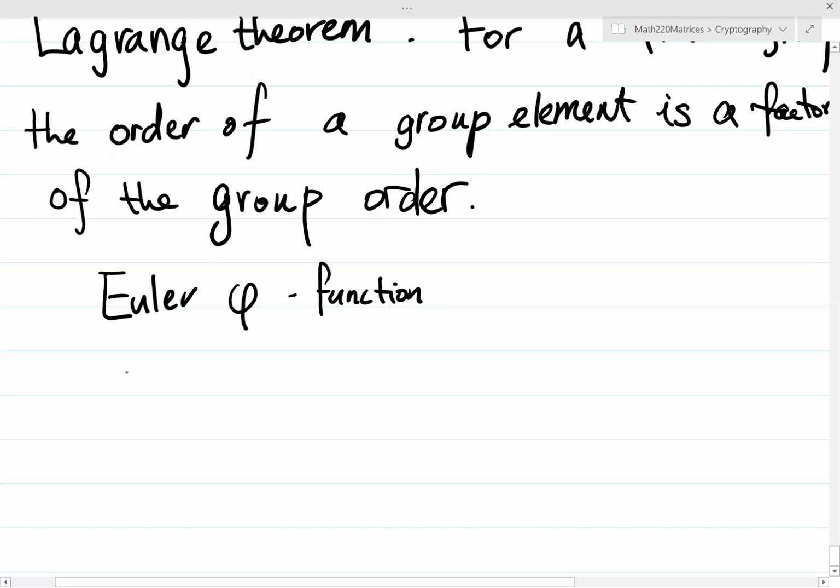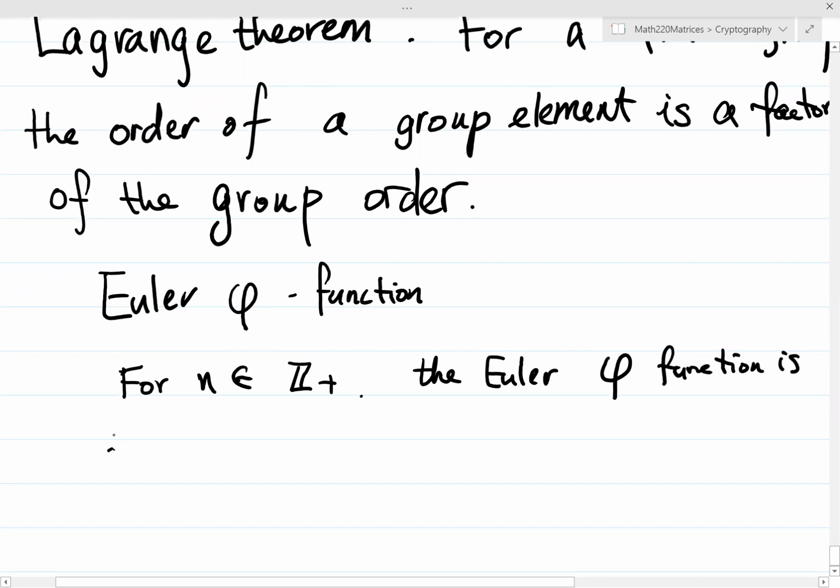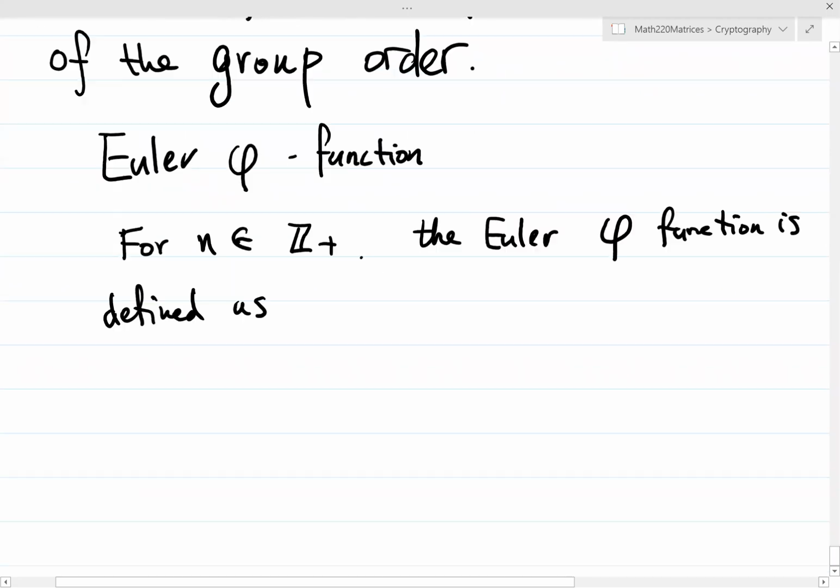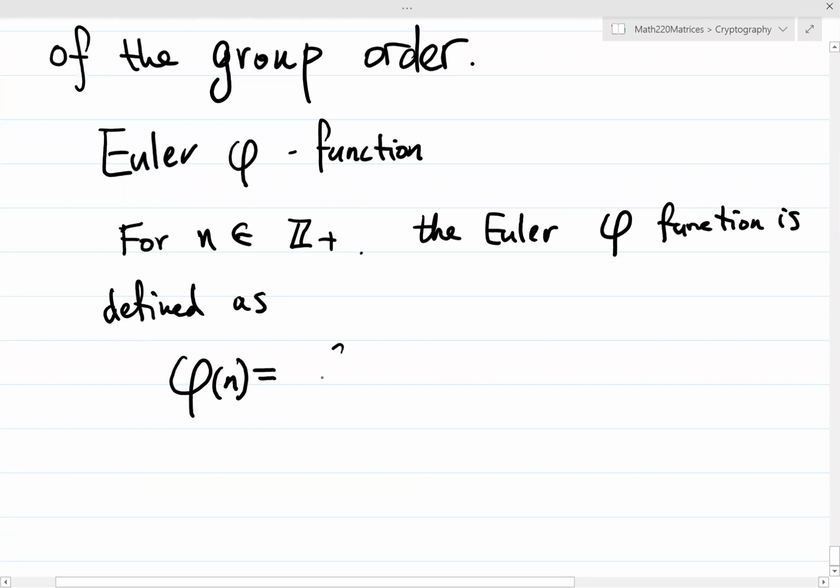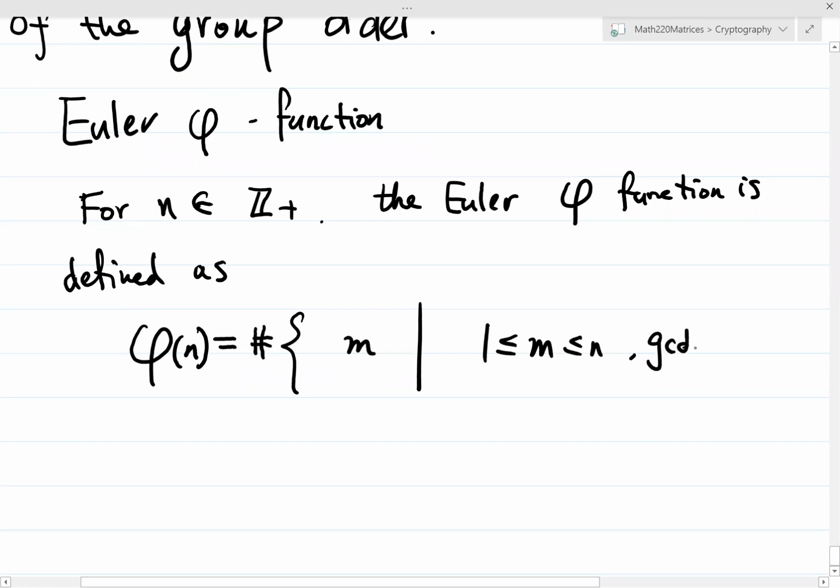For n a positive integer, phi of n is defined as the number of m from 1 to n such that the GCD, greatest common divisor, of m and n is 1.